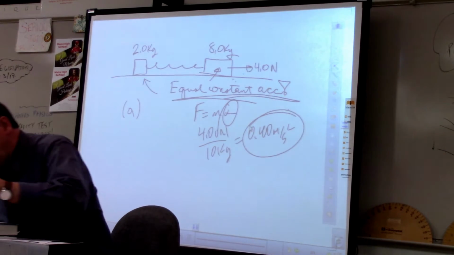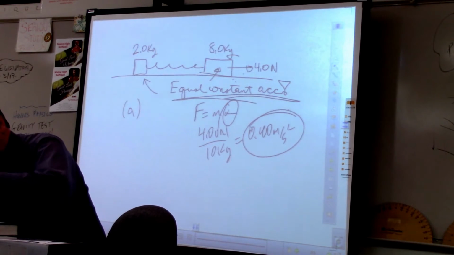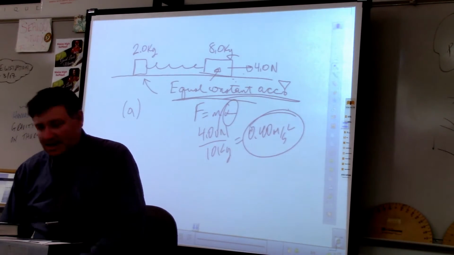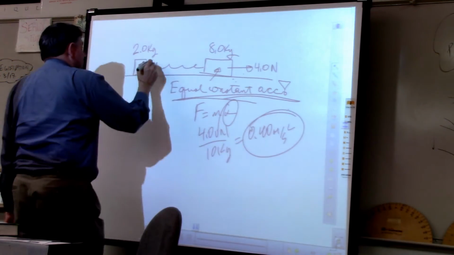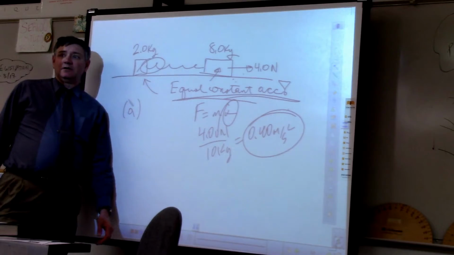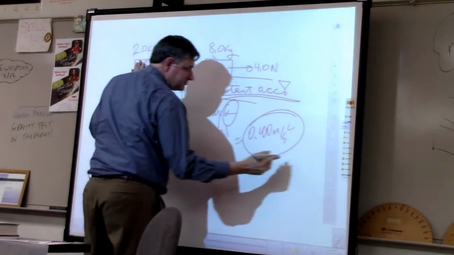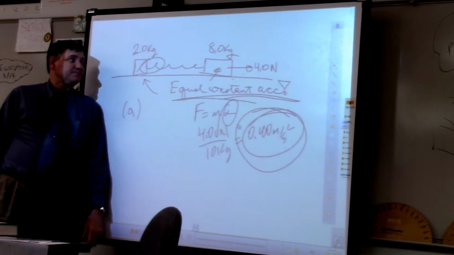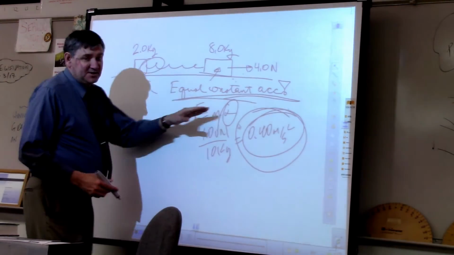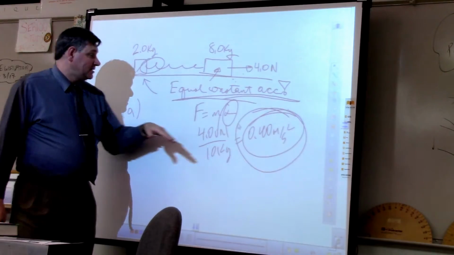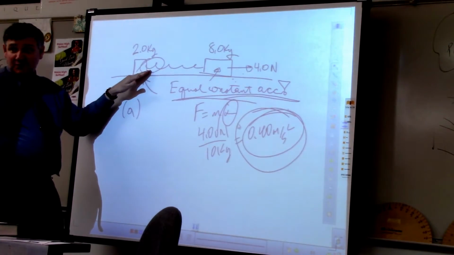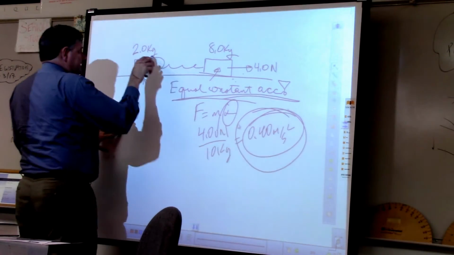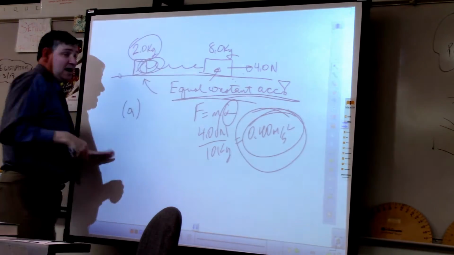Because ultimately it says calculate the force the spring exerts on the 2 kilogram block. So you're trying to find the force that's going to be exerted here. Since the whole system is accelerating at 0.40 meters per second squared, now you do F equals ma again. Now you're trying to find that force, and it becomes simple.